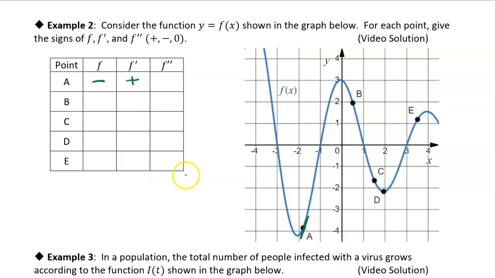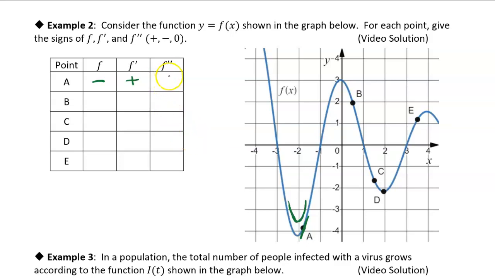Now, the second derivative tells us about the concavity. So the best thing to do is look at the concavity of the curve around that point. And you can see that we have a U shape around that point. So that's telling us it's concave up. If it's concave up, that means that the rate of change is increasing, right?